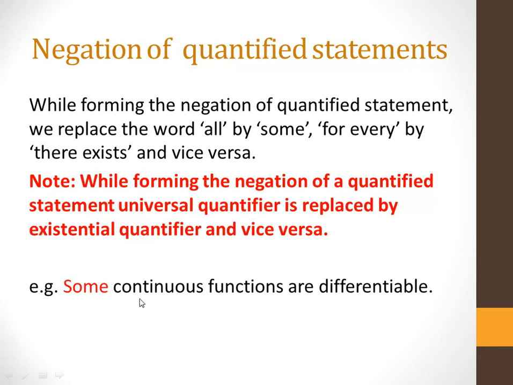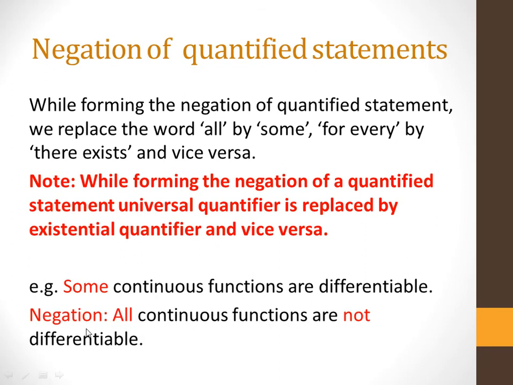So first of all, this is a quantified statement, and if you want to get the negation of this quantified statement, then see the negation. Some is replaced by the word all. Now all is related with the universal quantifier. Okay, so all continuous functions are not.